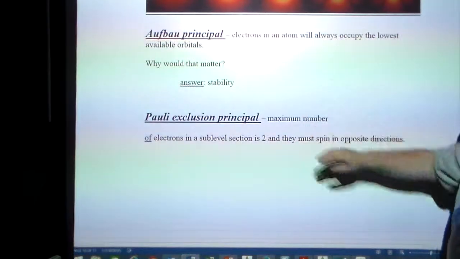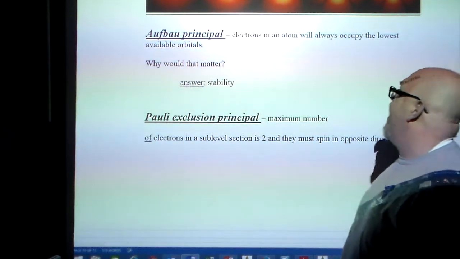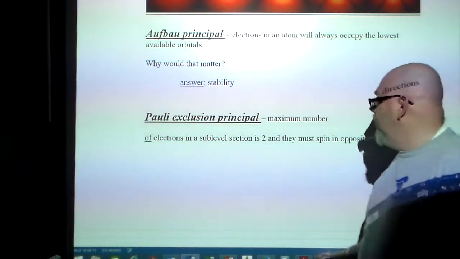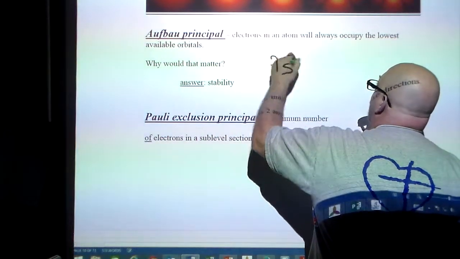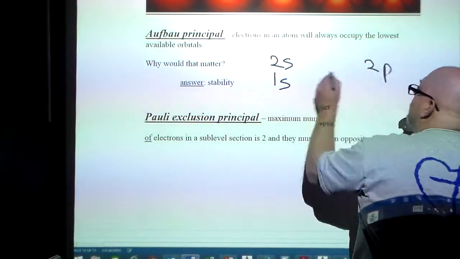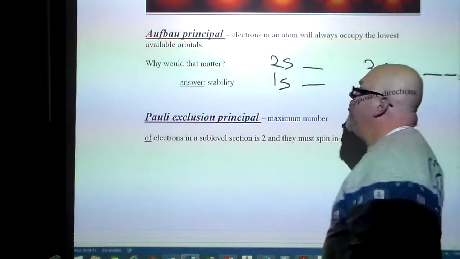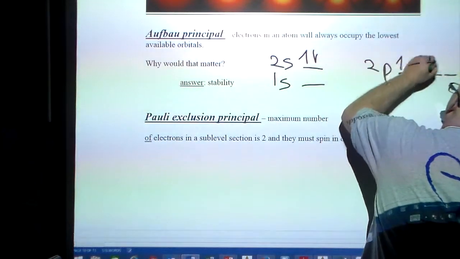We have the Aufbau and Pauli principle. Okay, electrons in the atom will always occupy the lowest available orbitals. So if we look at 1s and 2s, okay, and 2p, you're never going to see something like this.